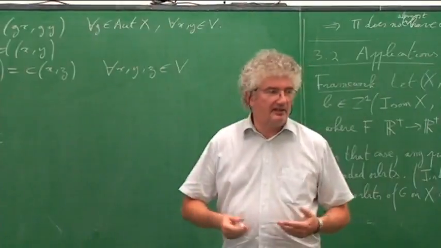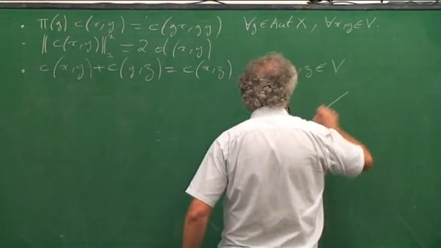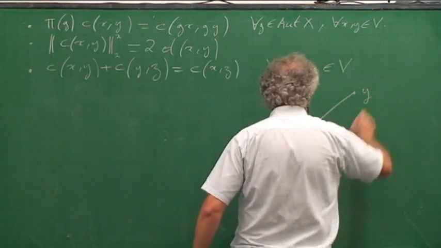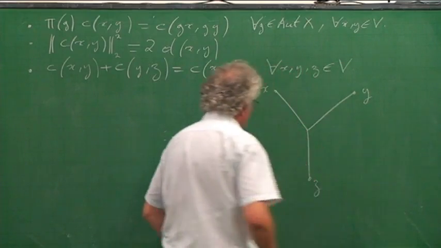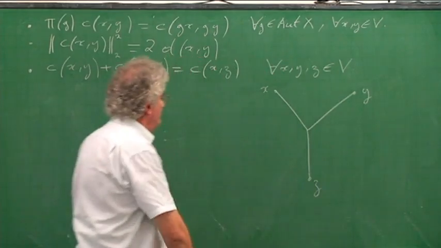The triangles in the tree have a very special shape. They are not triangles, they are tripods. So here's the triangle x, y, z. The 3 sides meet at some point.